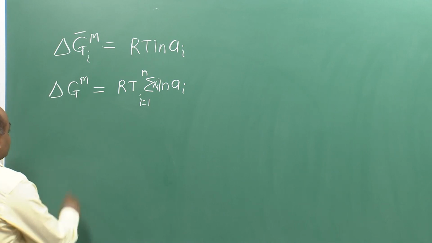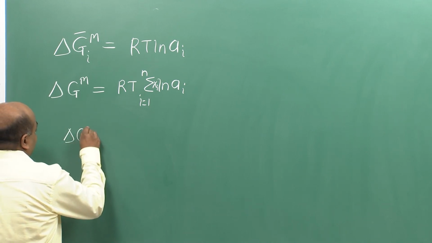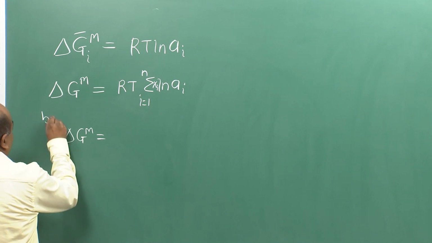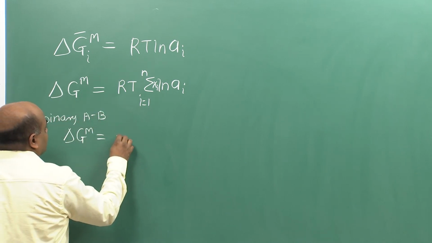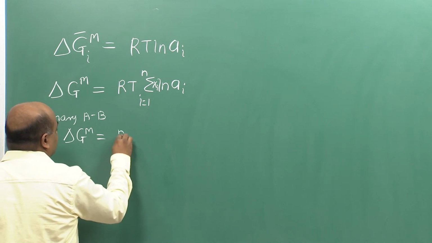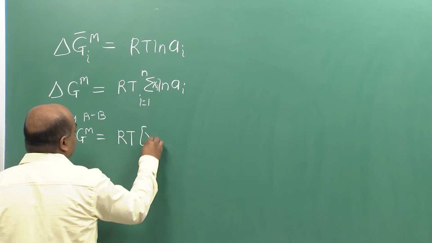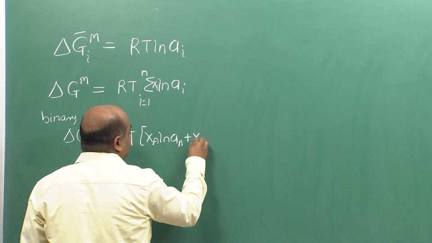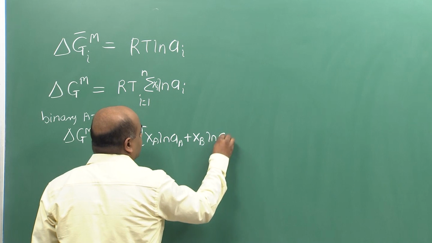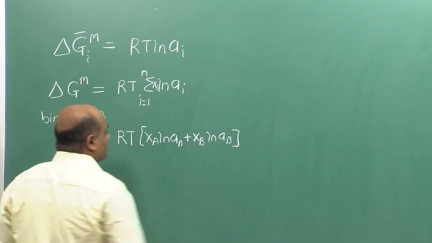So, for a binary solution of A and B, we will get delta Gm to be RT (XA ln aA plus XB ln aB).